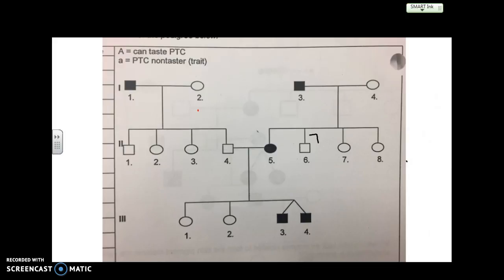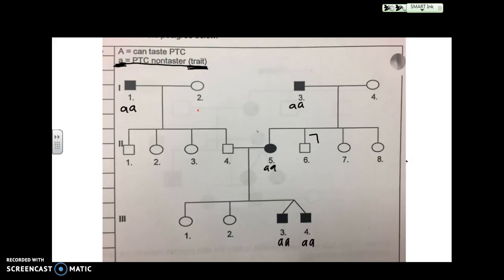Everybody that has a black circle or square carries the trait. So that's what we're going to label. The trait is a recessive trait, so everybody carrying the trait is little a, little a.